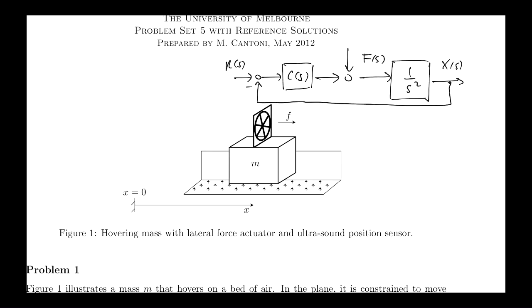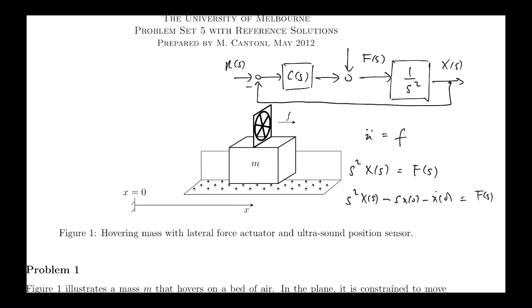We're getting this plant transfer function by saying x double dot is f. So we take the Laplace transform, we get s squared Xs equals Fs, assuming there are zero initial conditions. But if you included the effect of initial conditions, then you'd be getting s squared Xs minus s x naught minus x dot naught equals Fs.